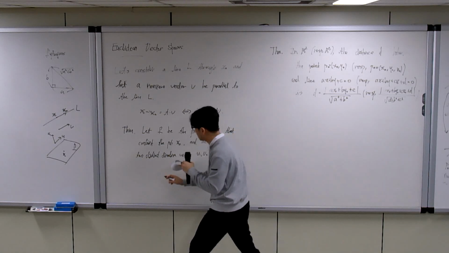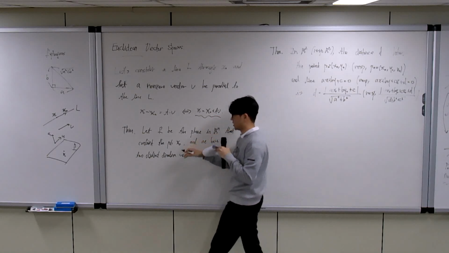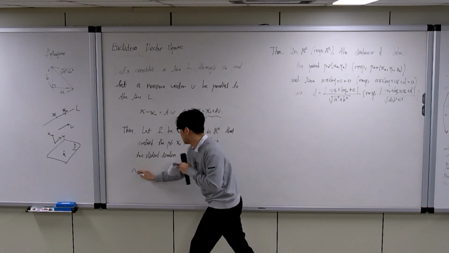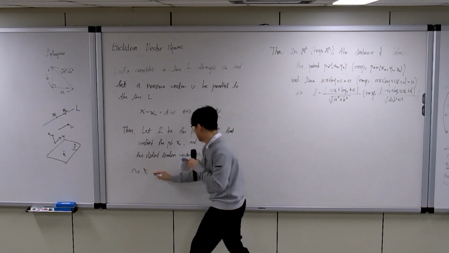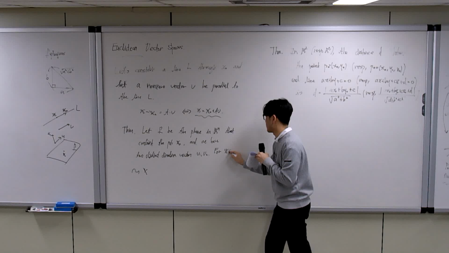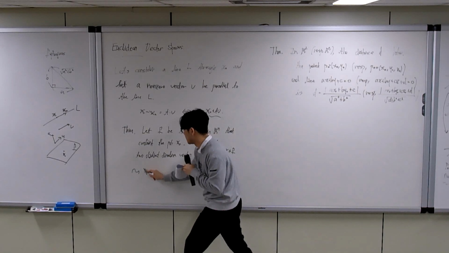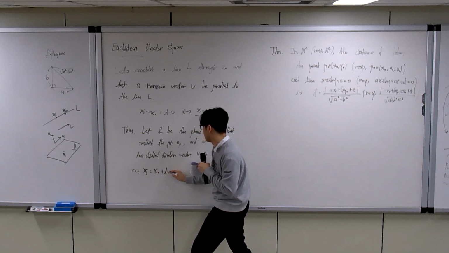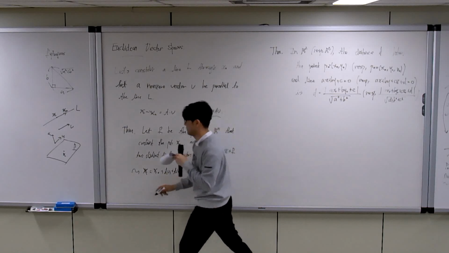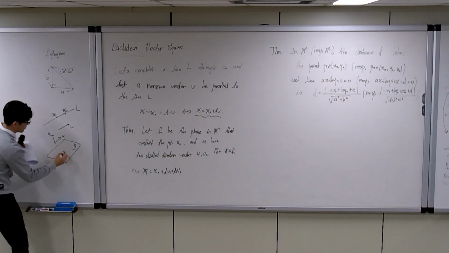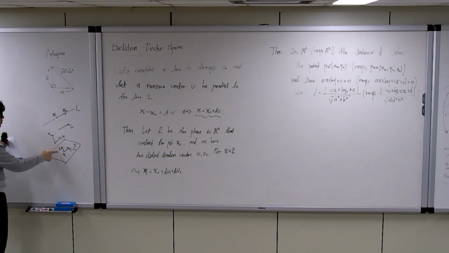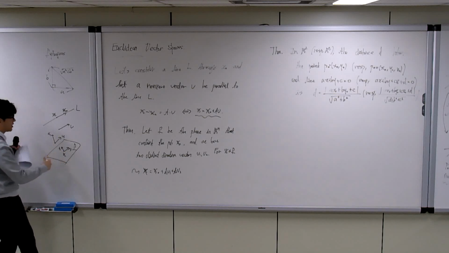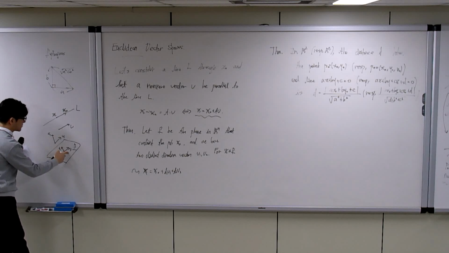Then we will use this notation, and for x in the plane P, x will be written as x0 plus t1 v1 plus t2 v2. Because it has parallels, by moving the initial point to x0, then by adding the vectors v1 or v2, it will move in this plane.